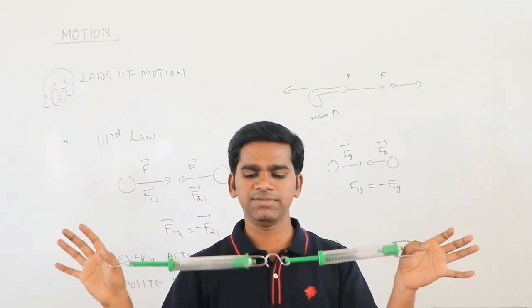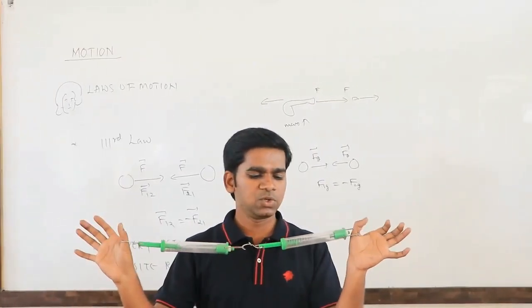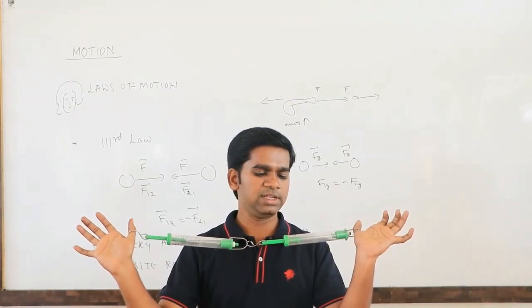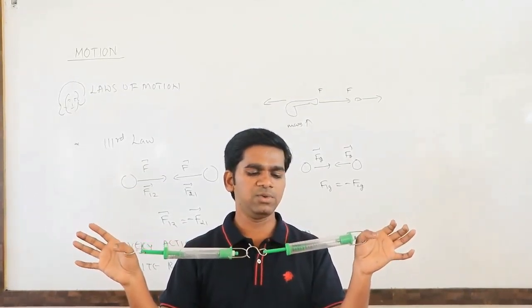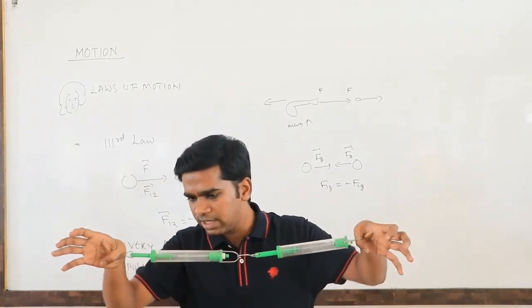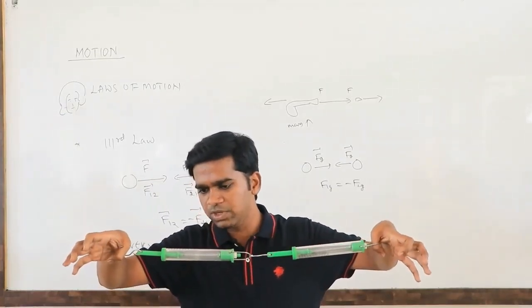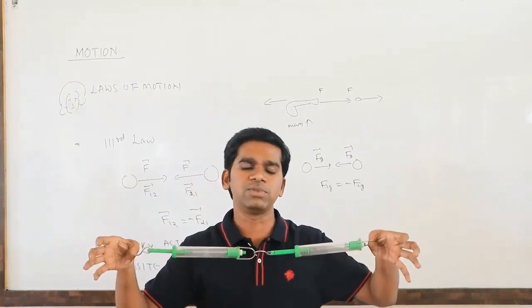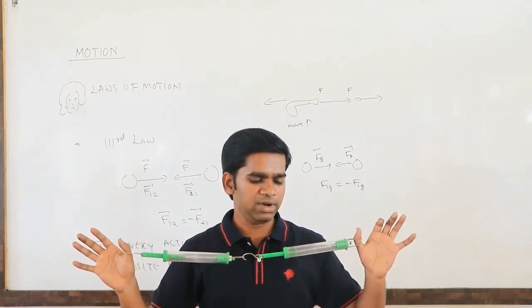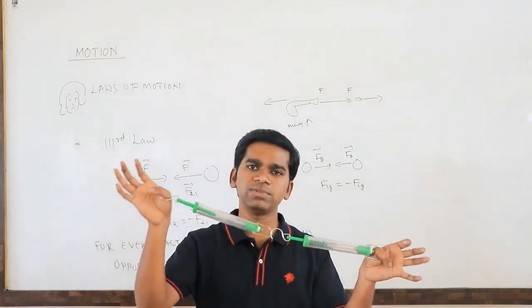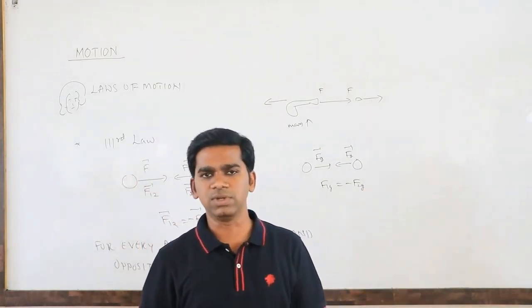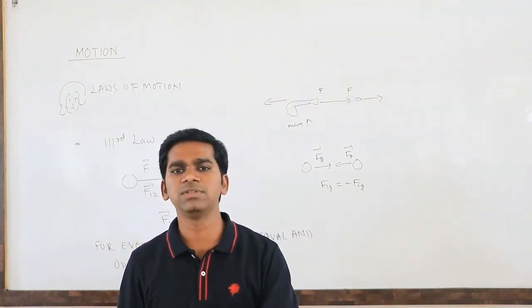If I apply force on this one, here it is showing 3.5 newtons of force on this side. On this side also it is showing 3.5 newtons of force. That means it is equal and opposite. How much force this is applying on that one, the same amount of force that is also applying on this one. So that is Newton's third law.